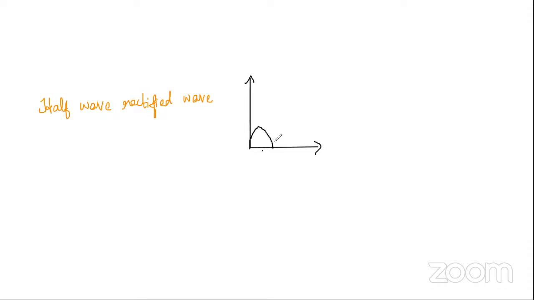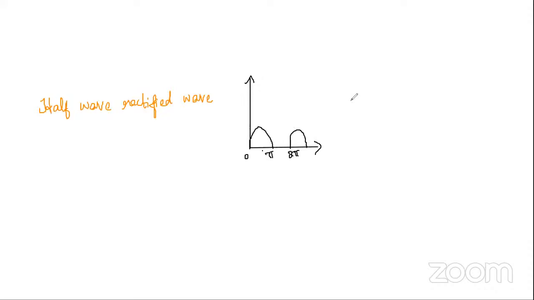You will be having only the positive half cycles. So this is how your signal looks, with 0, pi, and 2 pi, like that. So this is the half wave rectified wave. That means you will be getting only the positive half cycles.